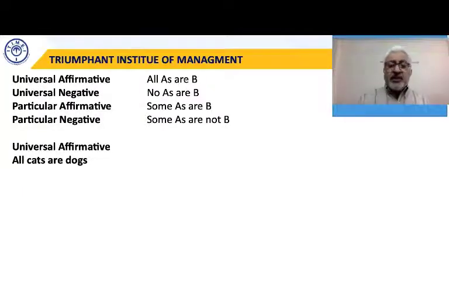All right. Now, before I speak more on this, I want you to understand three different ways of knowing a statement, or knowing the conclusion. The first is the Venn diagram.